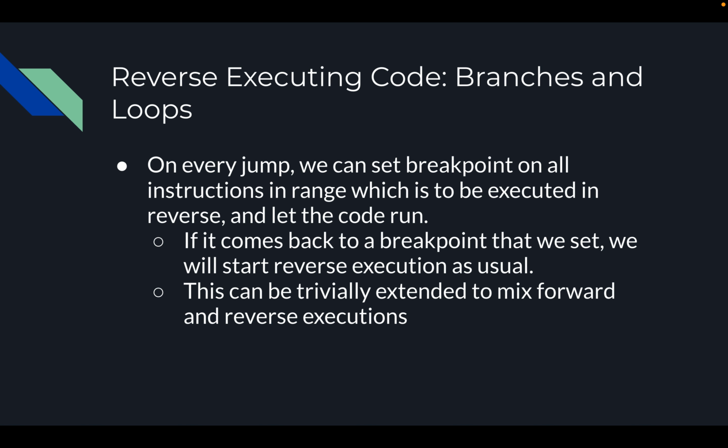On every jump, we can set breakpoints on all instructions in the range which is to be executed in reverse and let the code run. If it comes back to a breakpoint that we set, we start reverse execution as usual. This can be extended to mix forward and reverse execution on both points.